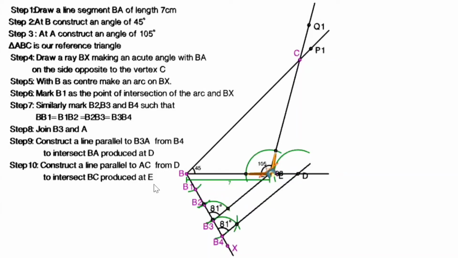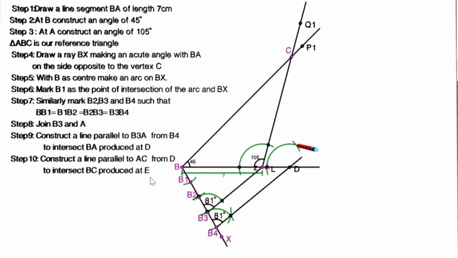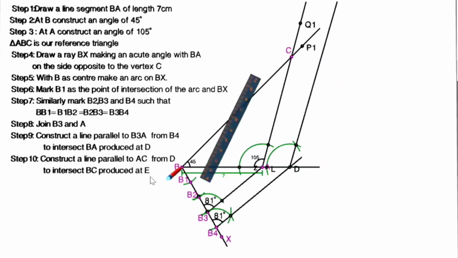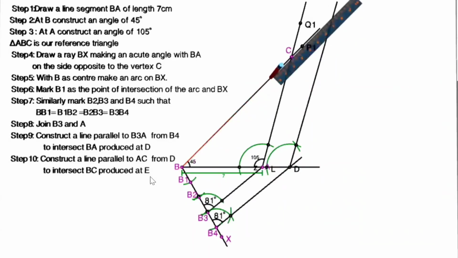With this width, without changing the radius, I'll put the needle at this point of intersection, and I'll make another arc to intersect the previous arc at a point. Wherever the two arcs intersect, I mark that point and I join that point to D and extend it. Now you see it is not meeting BC, so I'll produce BC so that it intersects the parallel line drawn. Wherever these two lines intersect, I mark that as point E.